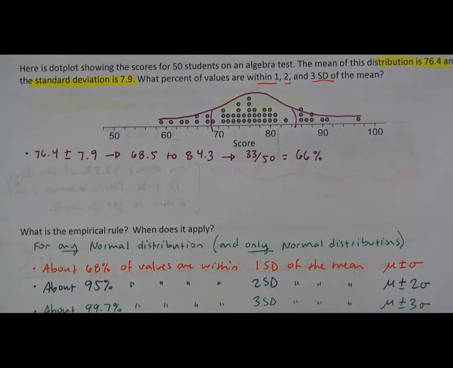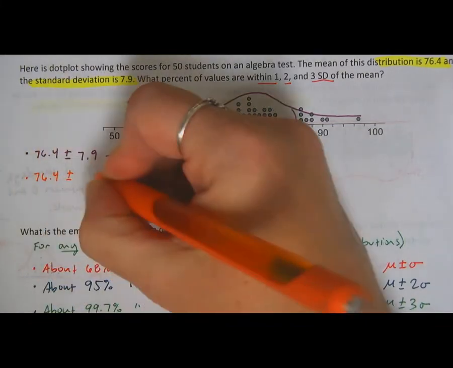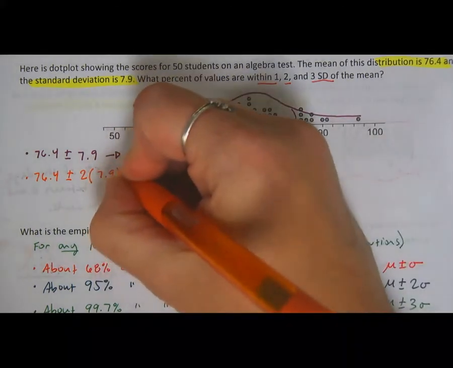Is that pretty close to 68%? Okay, so far so good. Again, what I'm doing is I'm proving mathematically whether I think this should get a normal distribution assigned to it or not.